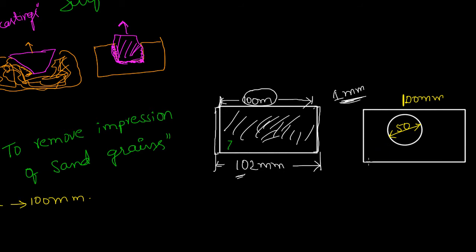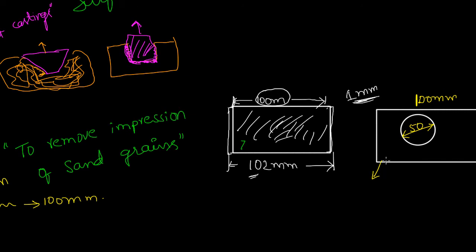What are the pattern dimensions to make this? The pattern dimension of external surfaces must be increased, that means by 1 or 2 mm. But when it comes to the size of the hole, what we are telling here, adding material to the pattern, that means it is a positive element. So if we add material, what will happen? The diameter of the hole will get reduced.